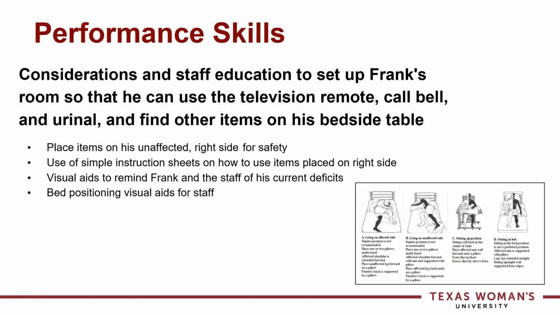We want to use simple instruction sheets on how to use the items placed in his room that might be assistive equipment for Frank. Visual aids to remind Frank and the staff of his current deficits, and proper bed positioning techniques. For the staff, a visual aid would be a great way for them to position him properly with pillows to ensure his comfort and prevent contractures on the left side.